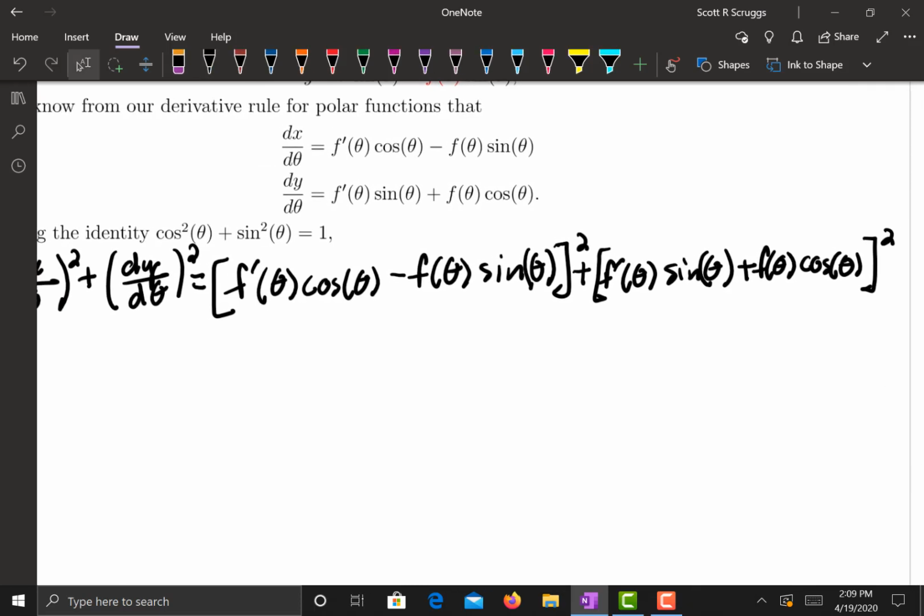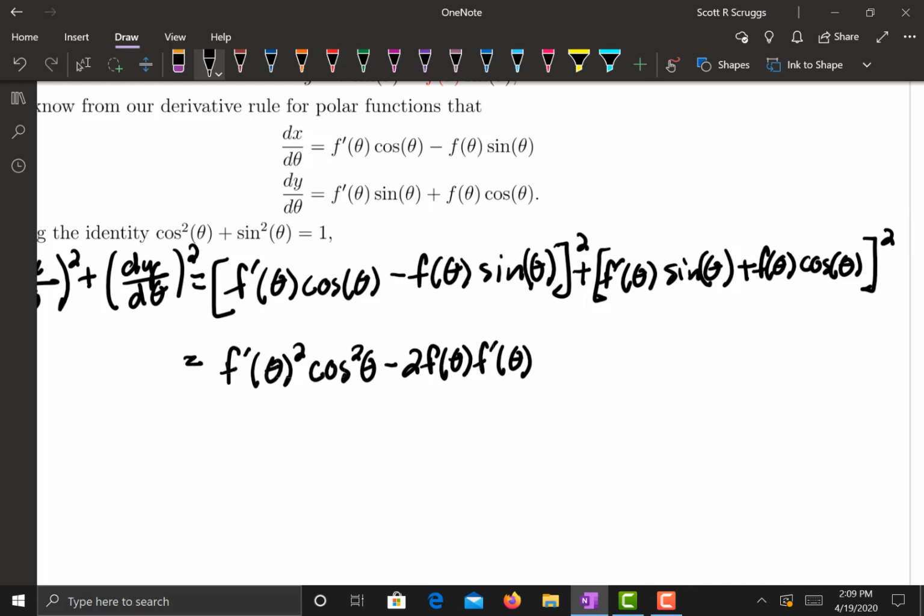All right, let's FOIL this out. If you FOIL out the first expression, you're going to get f prime of theta squared times cosine squared of theta minus 2 times f of theta times the first derivative of f of theta times sine of theta times cosine of theta, added with f of theta squared times sine squared of theta, added by the ugly thing that we're going to get when we FOIL out the second expression.